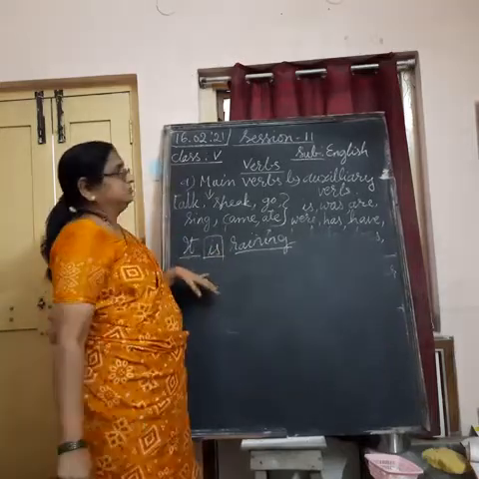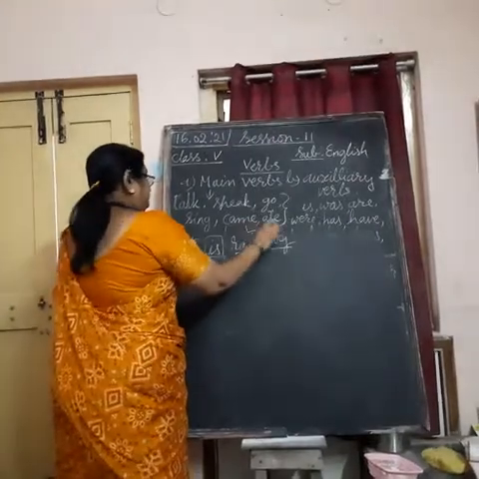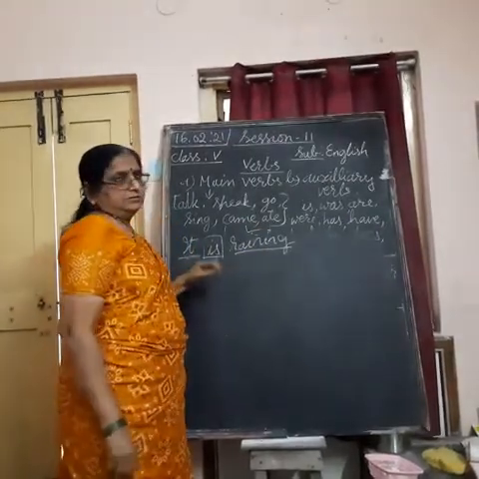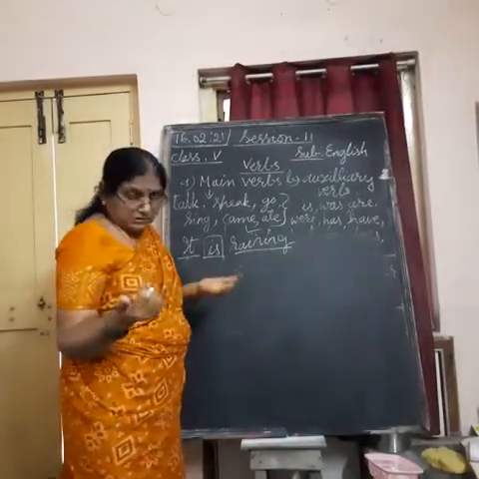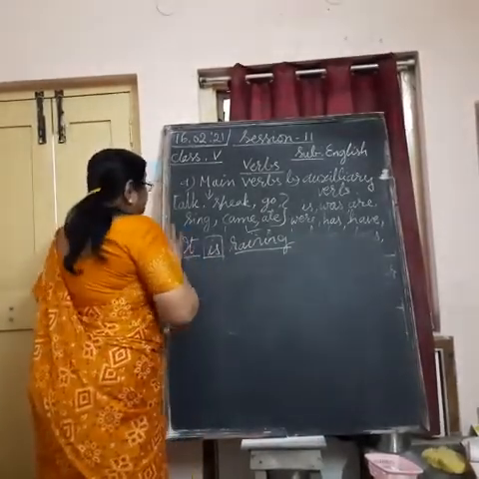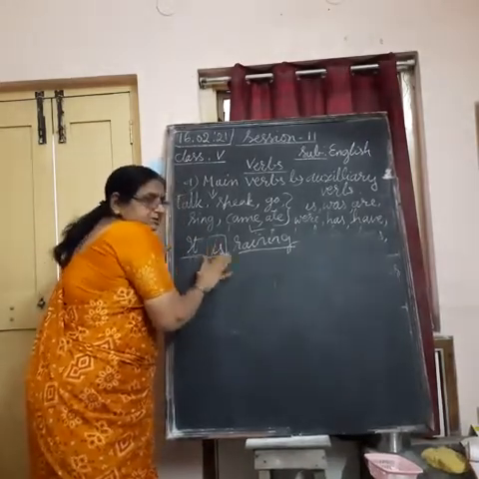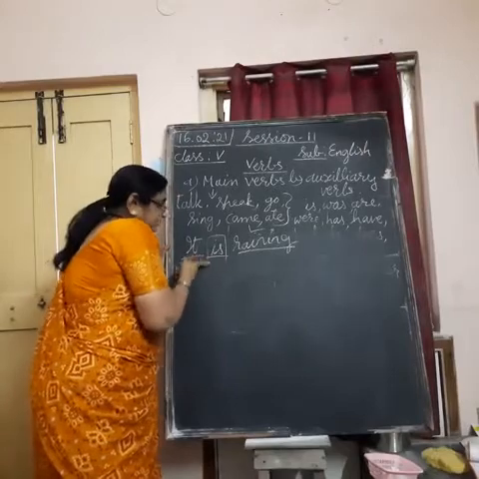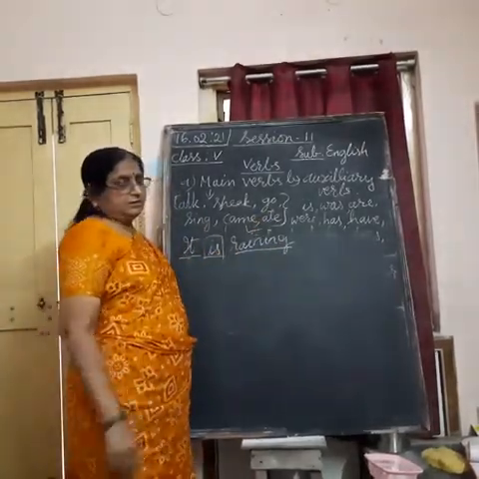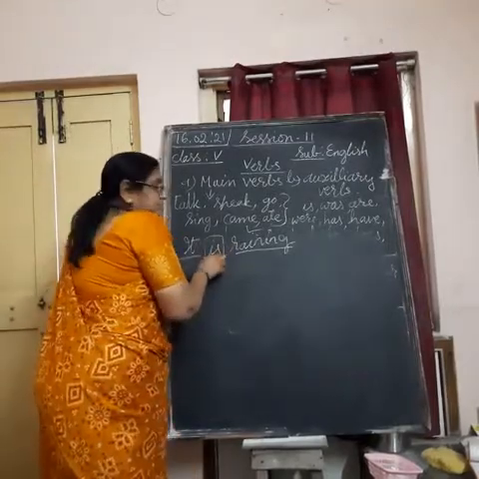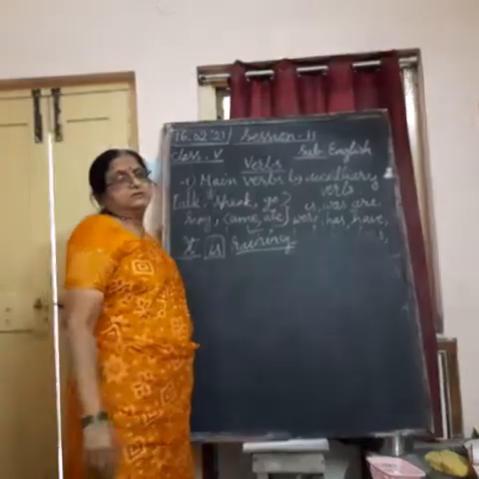So I can ask you either to underline the auxiliary verb or tick the main verb. And one more thing to remember, how to understand which is the auxiliary verb: it always follows the subject. Soon after the subject you get the auxiliary verb. After the auxiliary verb only we will get the main verb. Remember this, children. The auxiliary verb comes first, the main verb comes afterwards.